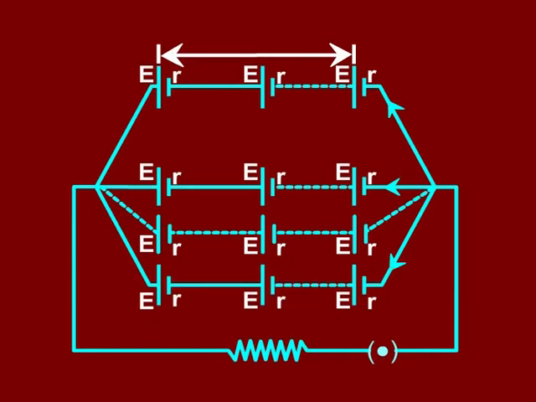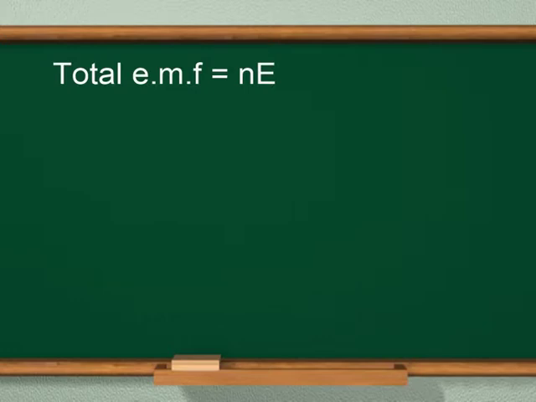Suppose all the cells are identical. Let each cell be of EMF E and internal resistance r. In each row, there are n cells in series. Therefore, their total internal resistance is equal to n into r. Their total EMF is equal to n into E.